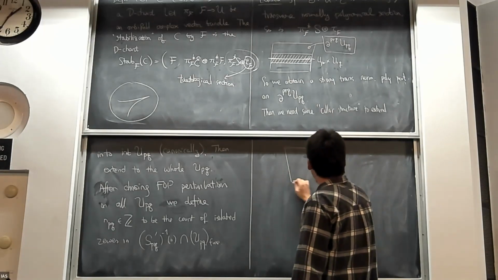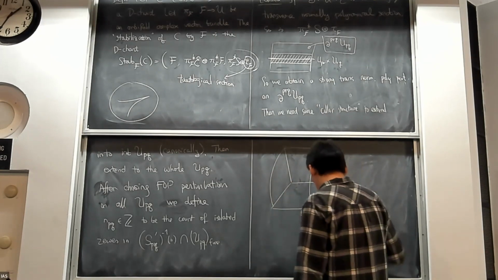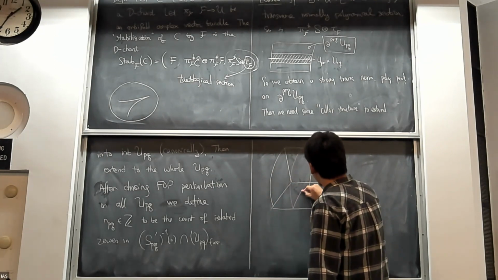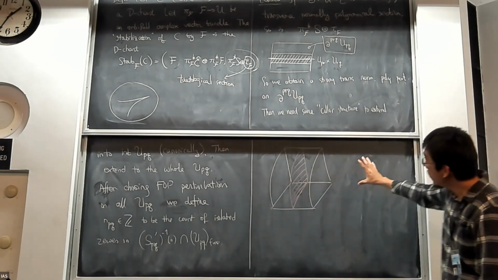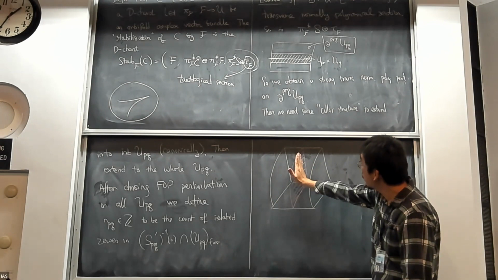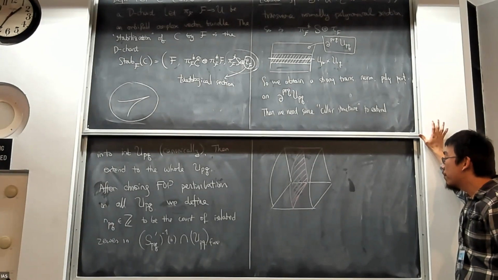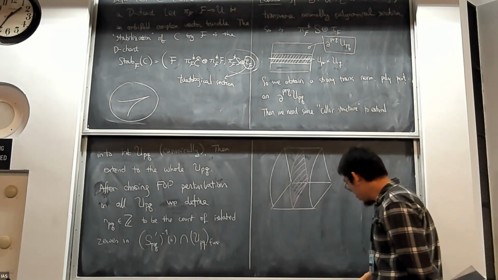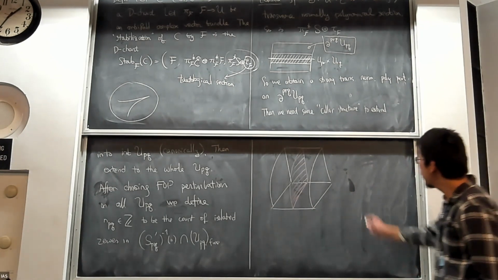Well, let me draw a part of the... You can think of this as a neighborhood of a corner, a codimension 2 corner inside some thickened moduli space, and this red region is a fixed point locus of the local symmetry group. So suppose the index is 1 in this case.